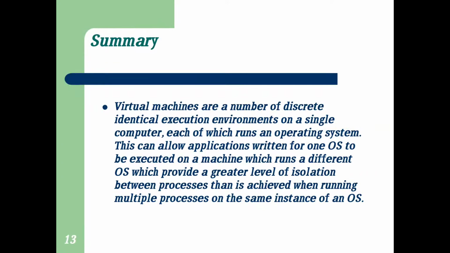Okay, virtual machines are a number of discrete, identical execution environments on a single computer, each of which runs an operating system. This can allow applications written for one OS to be executed on a machine which runs a different OS, and provides a greater level of isolation between processes than is achieved when running multiple processes on the same instance.